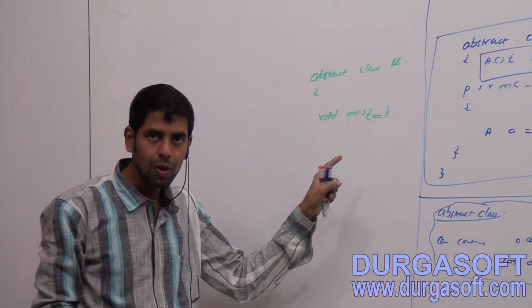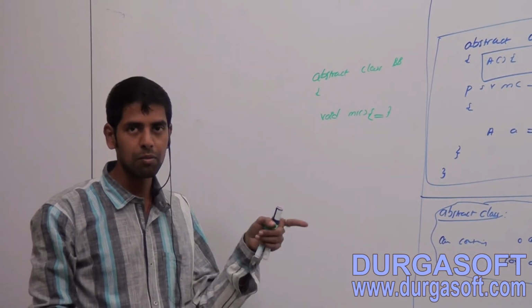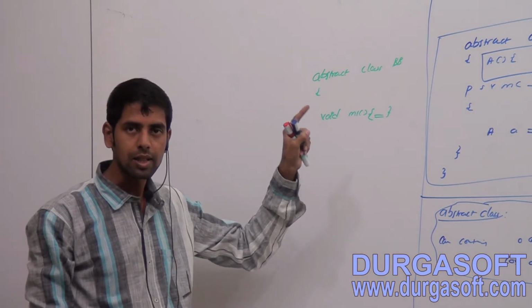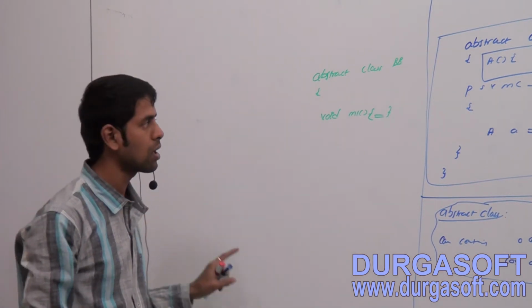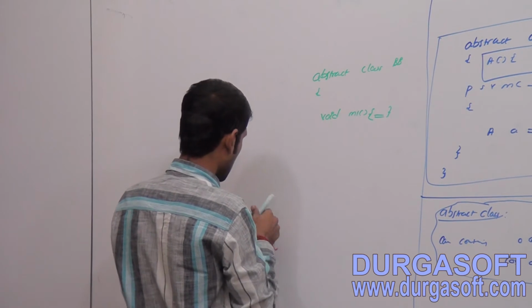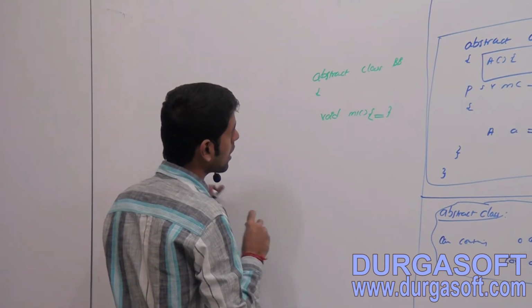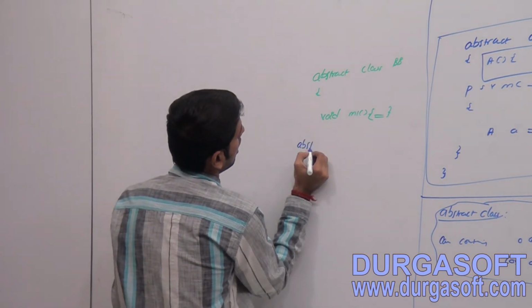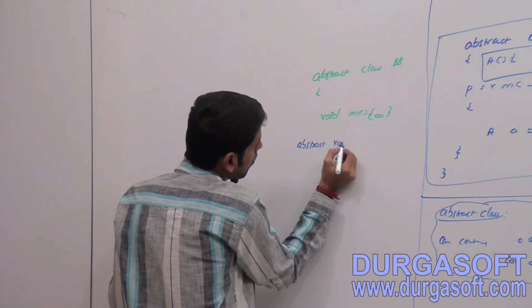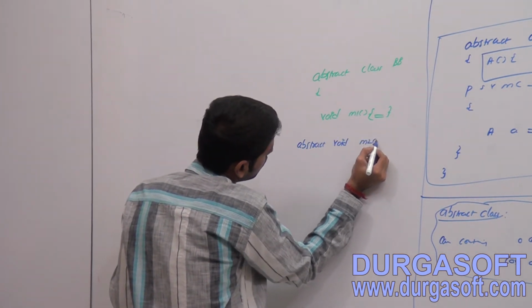Which type of implementation? Dummy, meaningless implementation. Now abstract void M2 method.